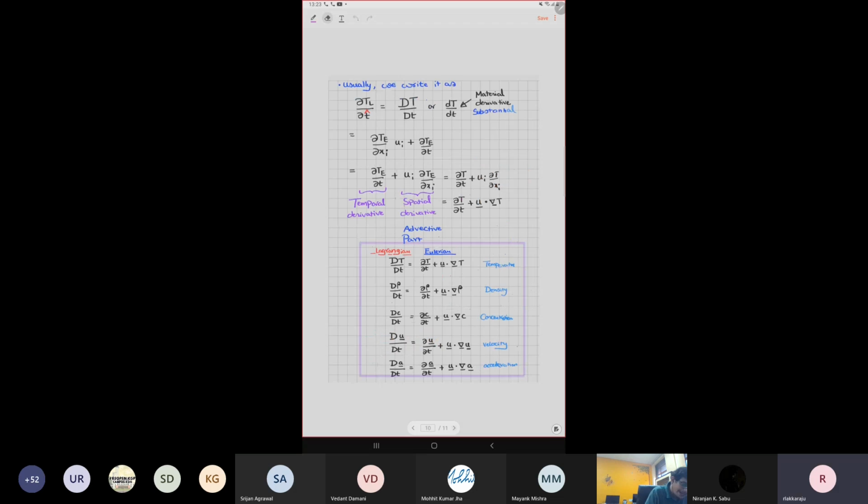Okay. So if I write it once again, del Te by del Xi multiplied by ui, completely Eulerian, plus del Te by del T, completely Eulerian, corresponds to my Lagrangian information, del TL by del T cap.